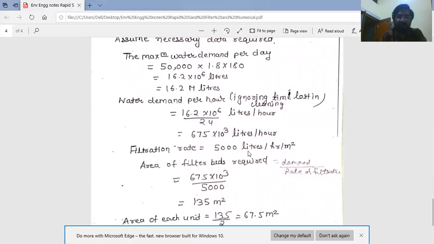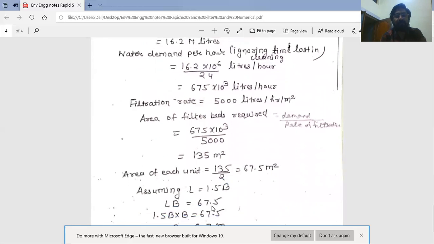Filtration rate is 5000 liter per hour per meter square. Area of filter beds required is equal to demand upon rate of filtration. Demand is 675 into 10 to the power 3 liter per hour upon rate of filtration 5000 liter per hour per meter square, which is equal to 135 meter square total filter area.